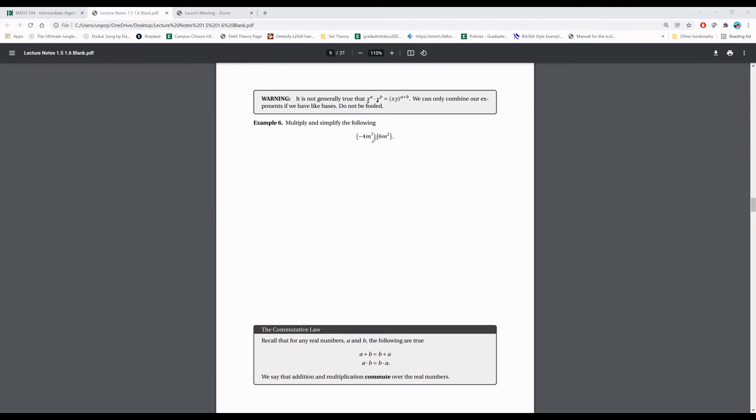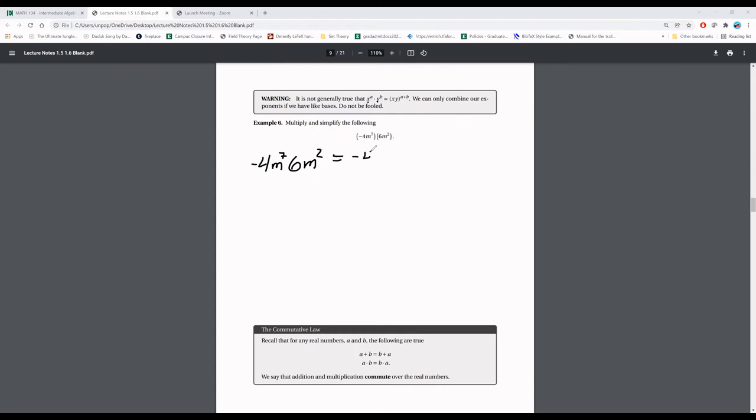Look at example 6. Let's multiply and simplify the following. Notice I have numbers and letters this time, numbers and variables. I can rewrite this without the parentheses. Parentheses is just a fancy way of saying I'm multiplying. So that's negative 4 times m to the 7th times 6 times m squared. I have got just numbers here, so actually I can rearrange this.